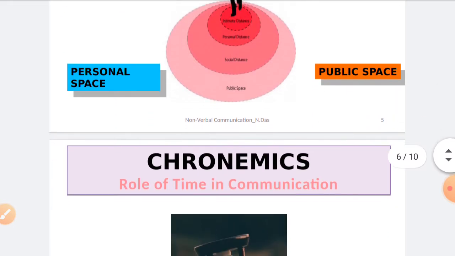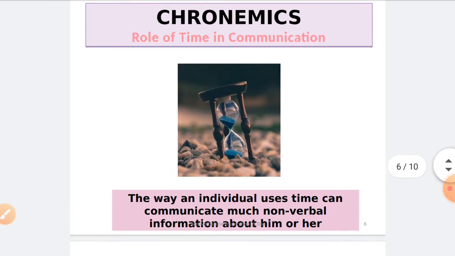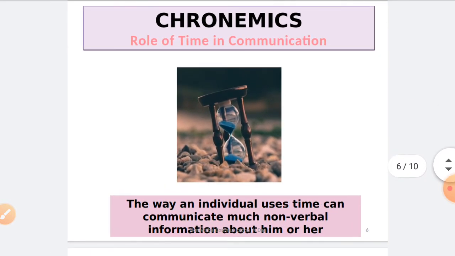After proxemics, we have chronemics. Now, what is chronemics? Chronemics is the role of time in communication. The way an individual uses or manages time can communicate much non-verbal information about his or her personality. For instance, if an individual always reaches late in any function, meeting, event, or social gathering, then this reflects his personality.